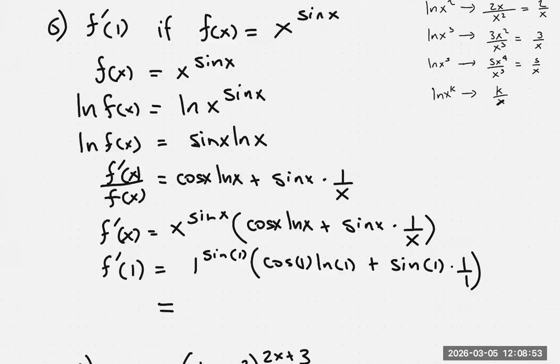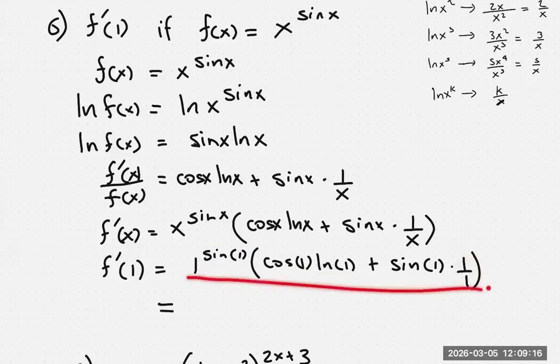What's 1 raised to the sine 1? 1. Correct, 1 raised to any power is 1. What is the cosine of 1? We don't know, we don't care, because what's ln of 1? 0. Good. What's 1 over 1? 1.